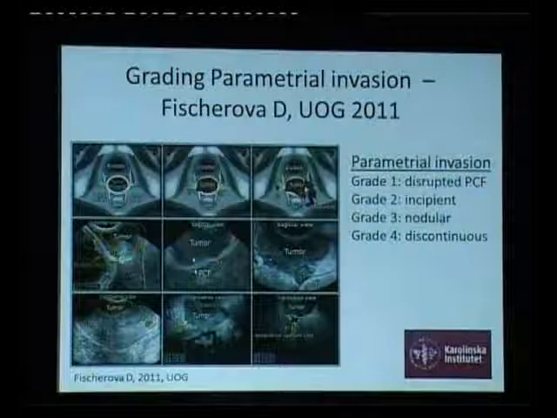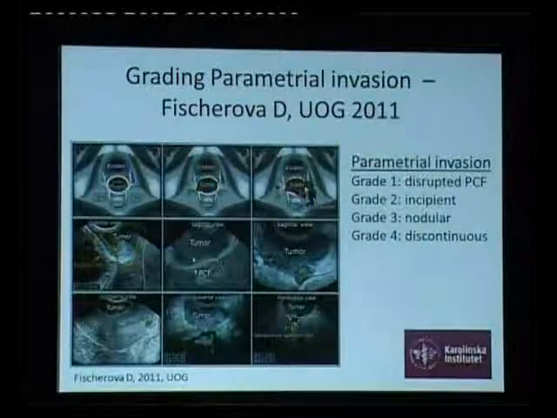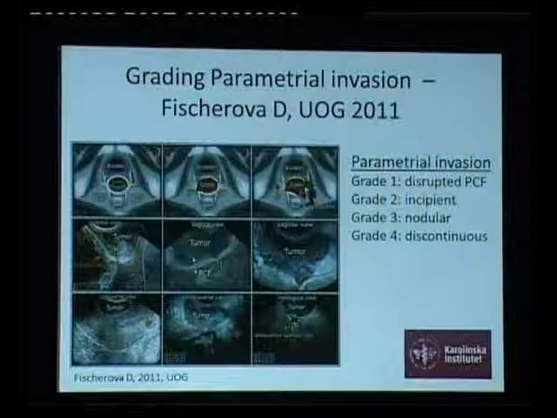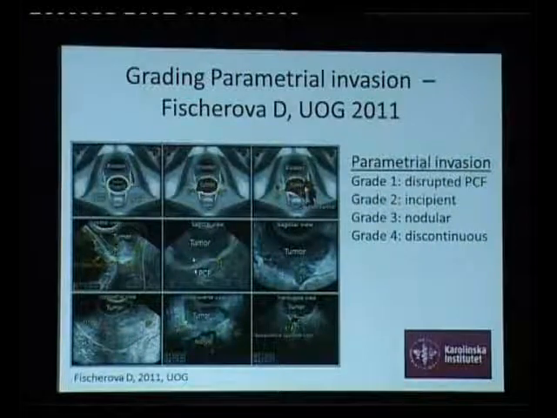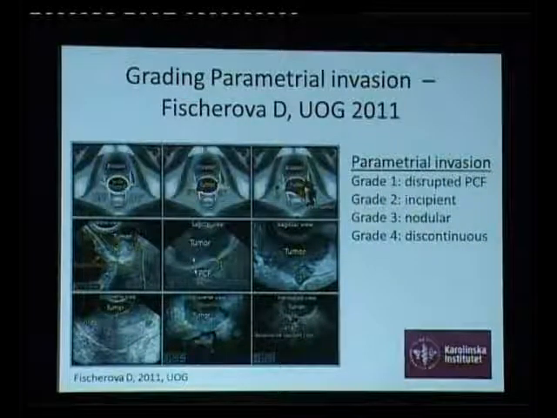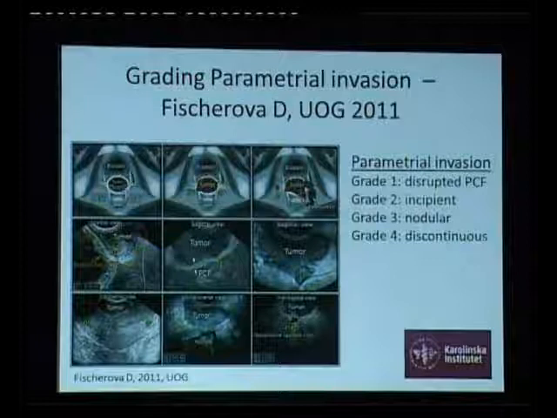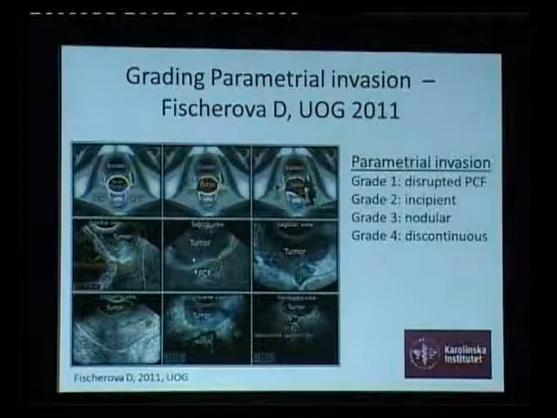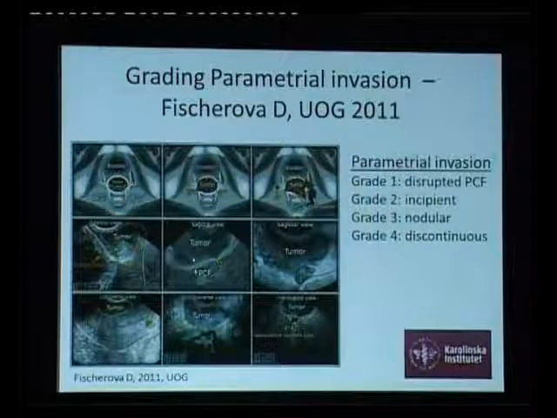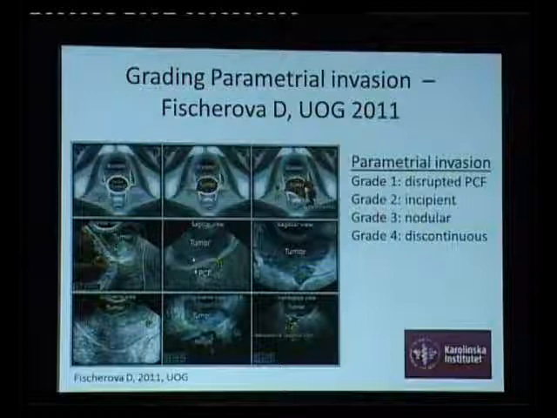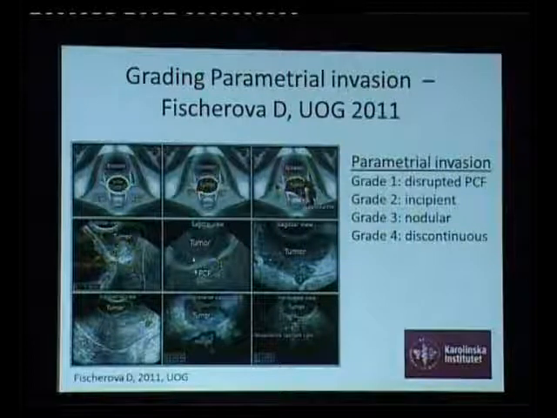Well, Daniela Fischerova has written a beautiful paper on how to assess parametrial invasion. This can be graded. If there is only minor invasion, you call that the paracervical fascia is disrupted. If it comes deeper, you say that this is incipient infiltration, we have nodular infiltration, and we also have discontinuous infiltration.